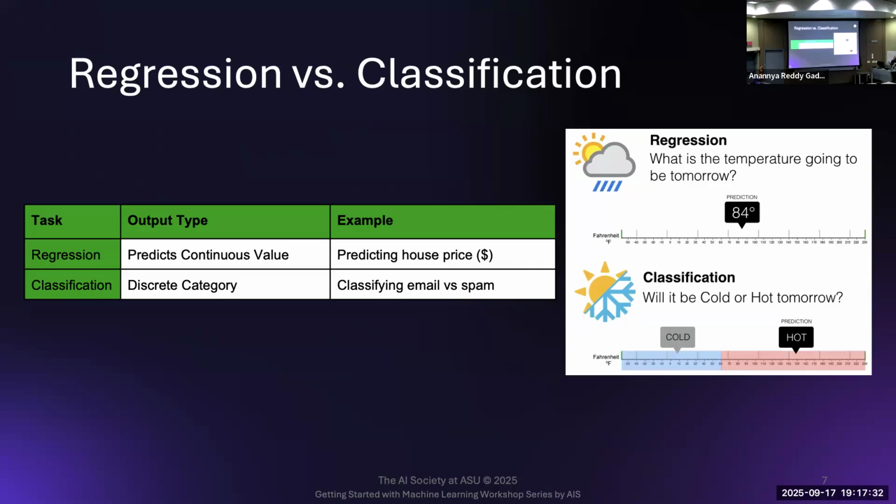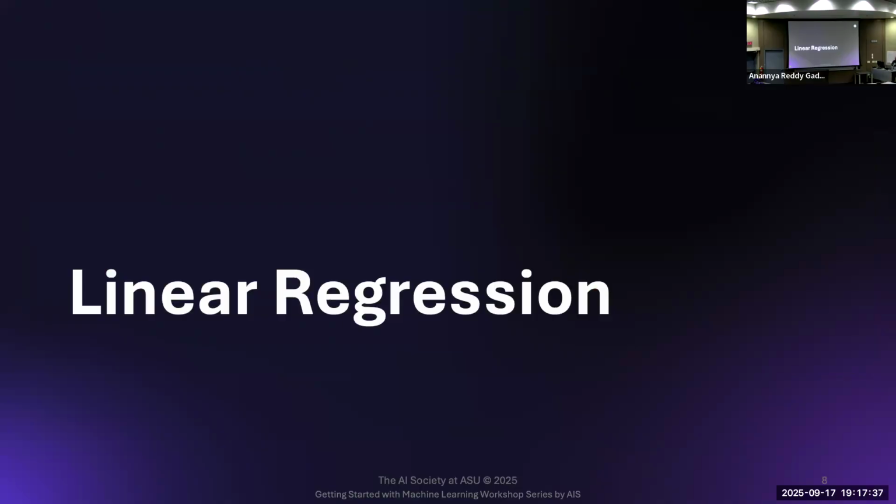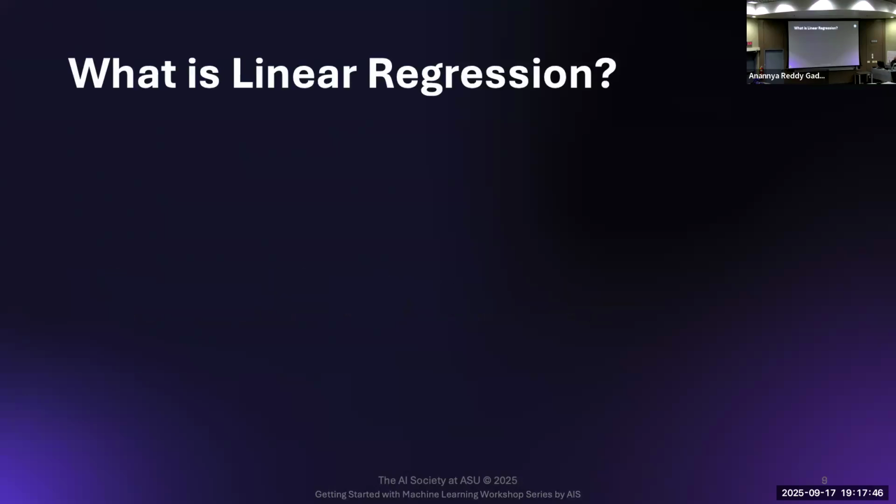All right, so this is about regression and classification. Let's get into the main part of this session, that is linear regression. Let's understand linear regression by dividing it into parts and understanding each word. What is linear? It's just a straight line or a straight plane or a cube, etc. It's a very simple word.